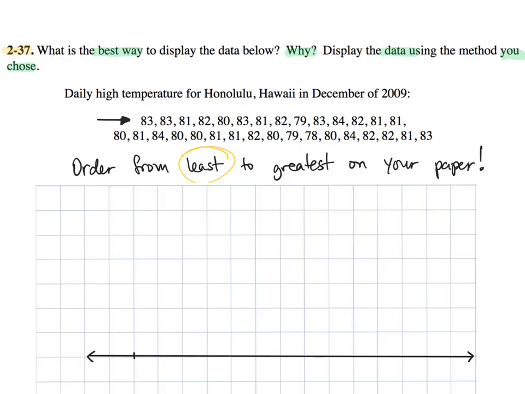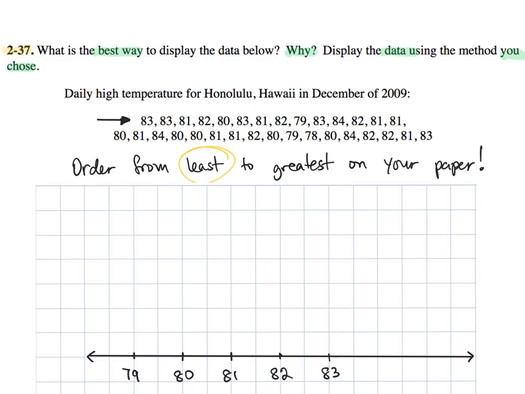So I drew my number line, and I'm going to use the least number that I found, so 79, and I'm going to separate them. I'm just going to skip 2 squares so that I can have clear information. So 80, as long as I'm skip counting exactly by 2 squares, I'll be fine. You could do 1, of course. So 81, 82, 83.